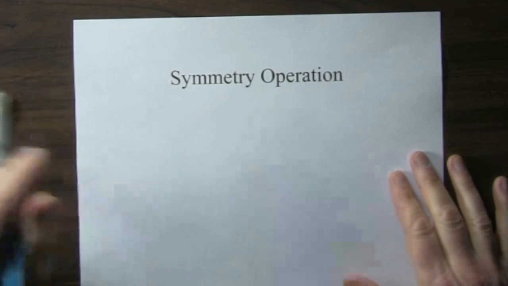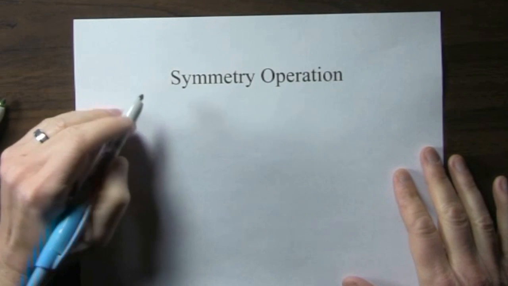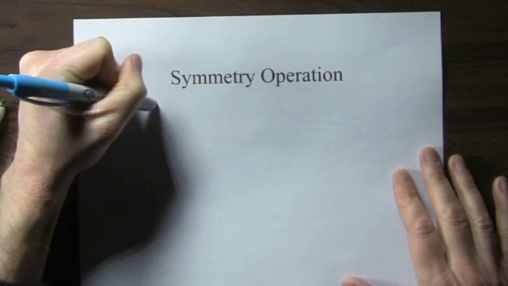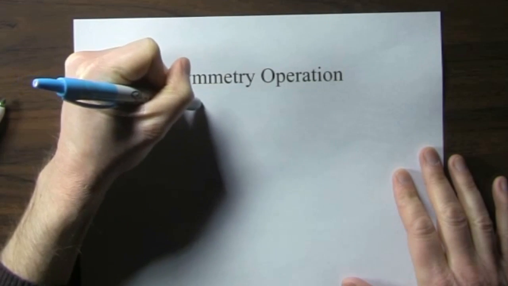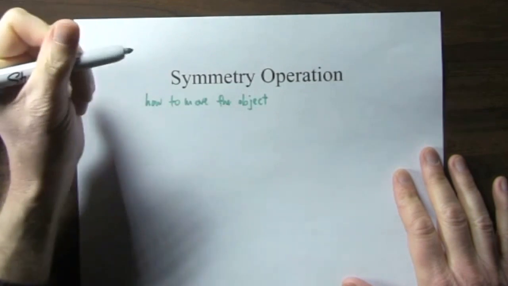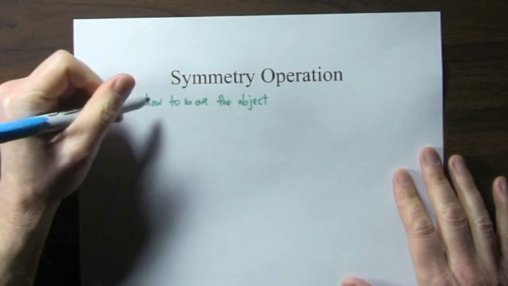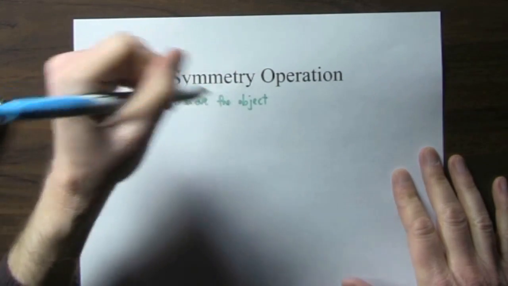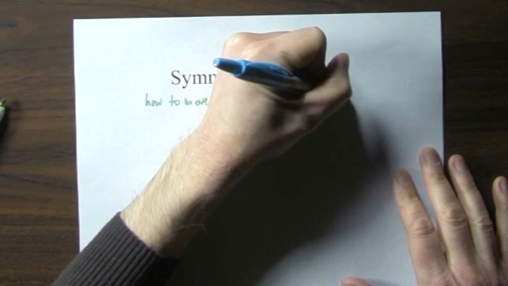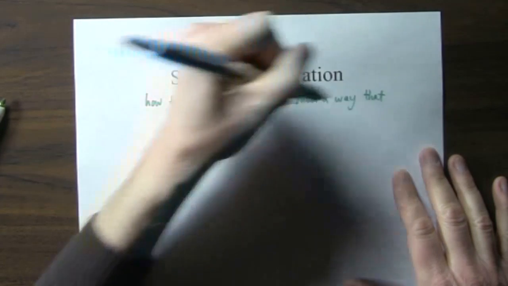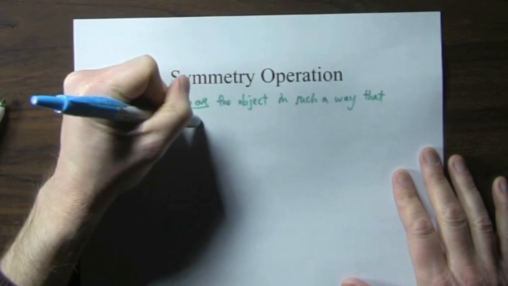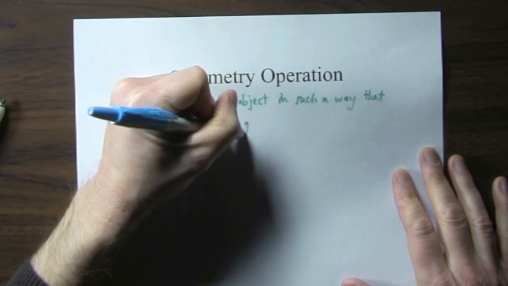A symmetry operation is how to move the object in such a way that it looks unmoved, or unchanged.